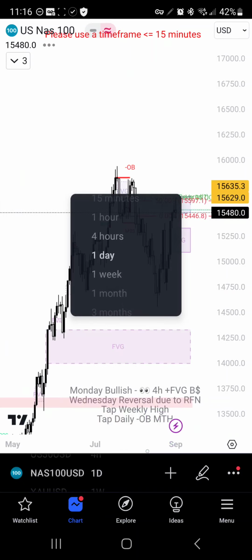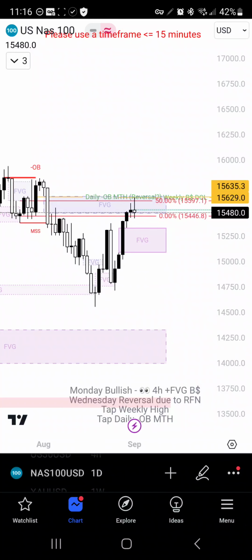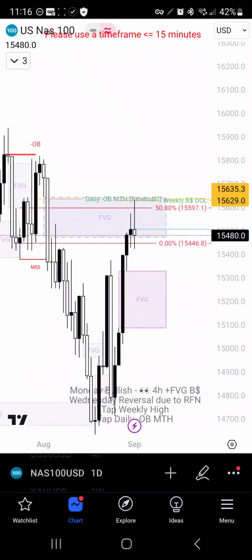With that context, let's draw it down to the daily. I'm expecting the red folder news on Wednesday to provide some type of volatility to move the market.